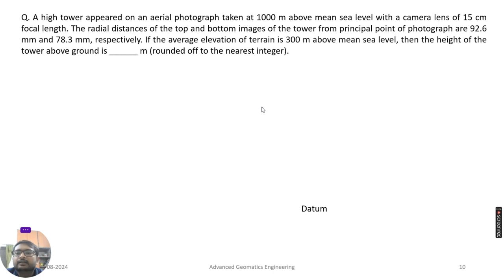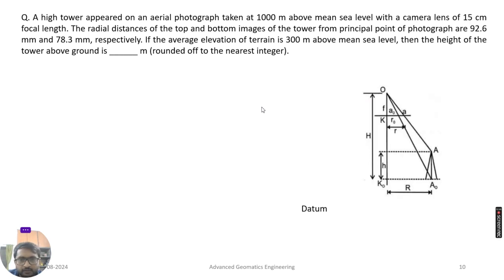The radial distance of the top and bottom image of the tower from the principal point of the photograph are 92.6 mm and 78.3 mm respectively. If the average elevation of the terrain is 300 meter above mean sea level, then the height of the tower above the ground is, fill in the blank. So here also the question is the same. You have to find out the height of the tower.